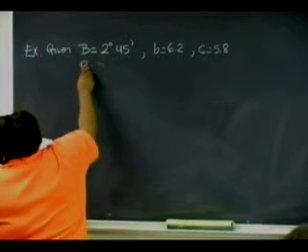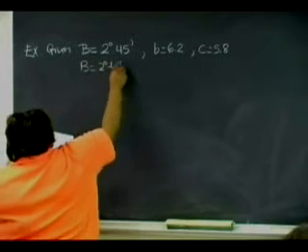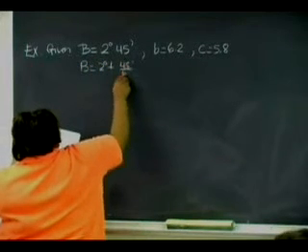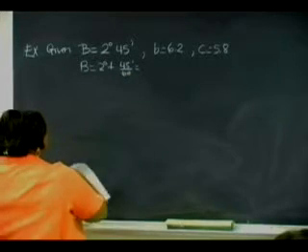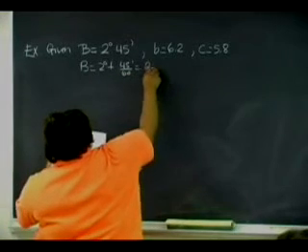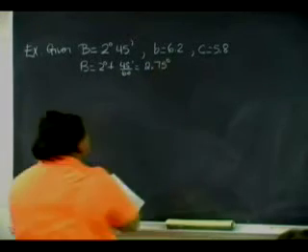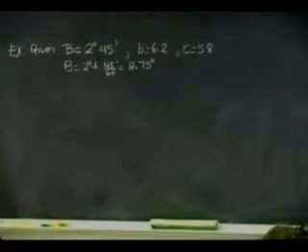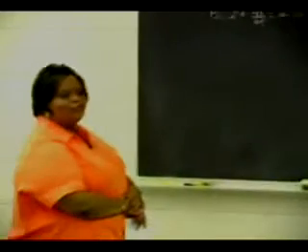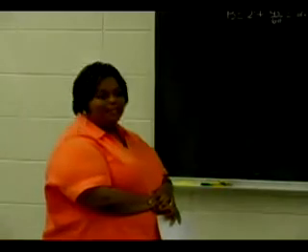Well, B is 2 degrees, 45 minutes over 60. What's 45 divided by 60? It should be 0.75, and that tells me what my decimal approximation is. So that's 2.75 degrees, the same as 2 degrees 45 minutes. Okay?